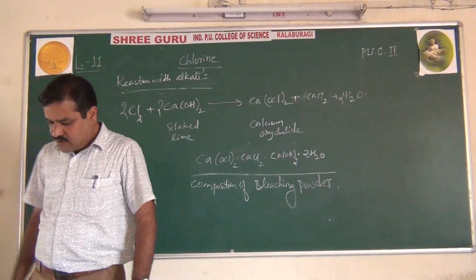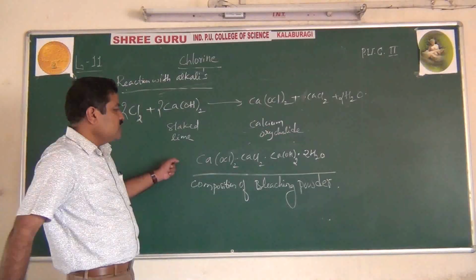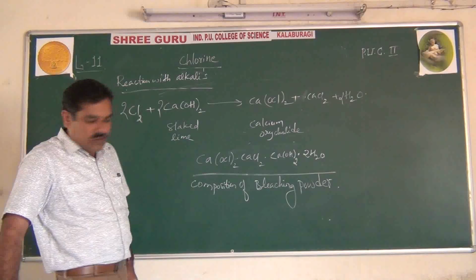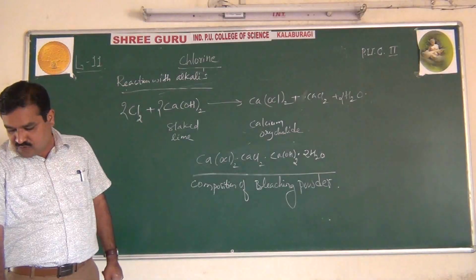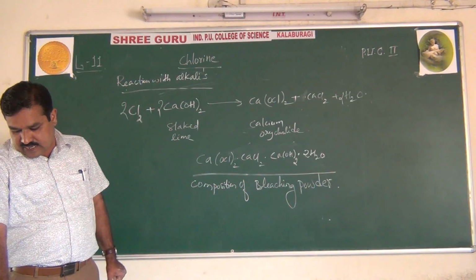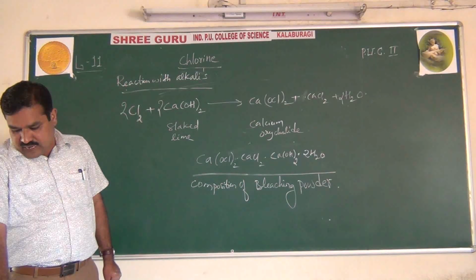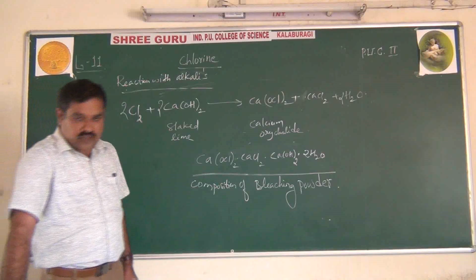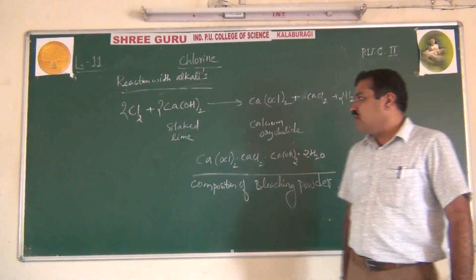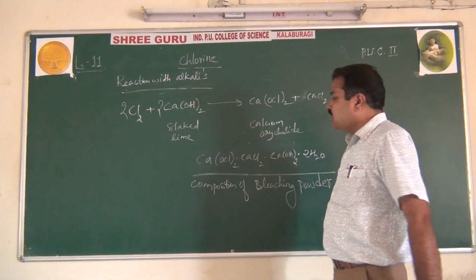But when they ask you the composition of bleaching powder, it is CaOCl2, CaCl2, Ca(OH)2 taken twice, dot 2H2O. This is also very, very important for NEET and theory purposes.